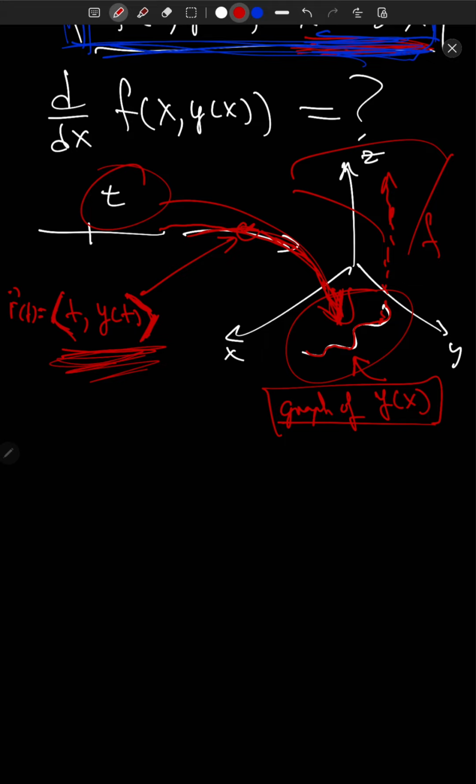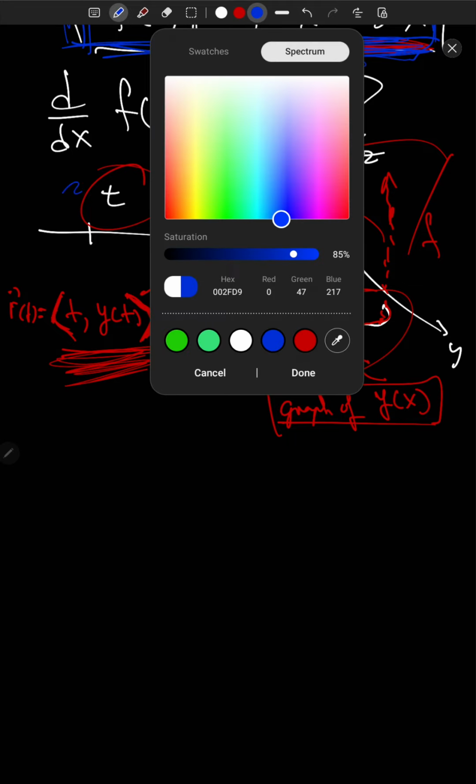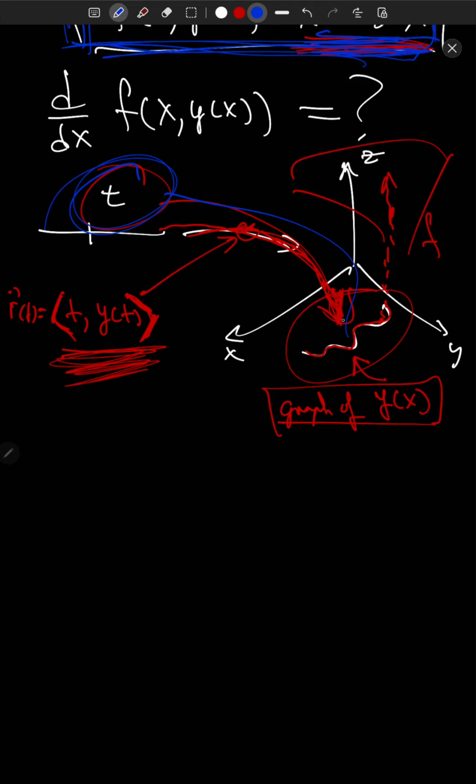That's why I didn't like the vector valued function stuff, because it's not as natural in this setting anymore. Anyways, we have a composition where we start with t, we go to the graph of y of x, and then we go up via f.